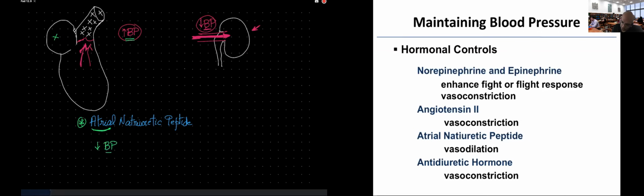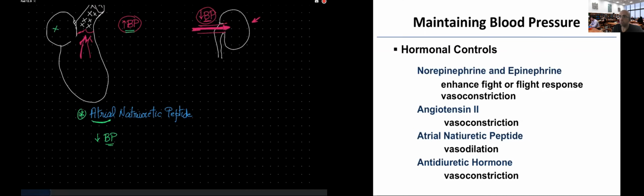How? Would I dilate the arterioles or constrict the arterioles? What do you think? I want to decrease blood pressure, so what's going to be the effect of the atrial natriuretic peptide? It's going to perform a vasodilation. It's going to be dilating the arterioles.